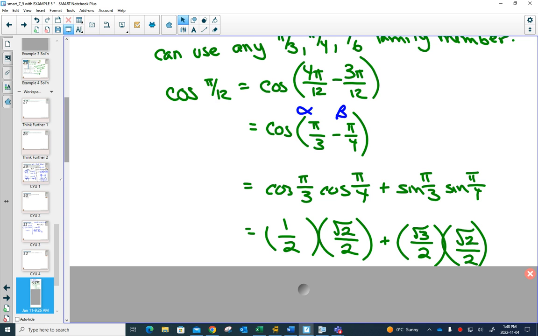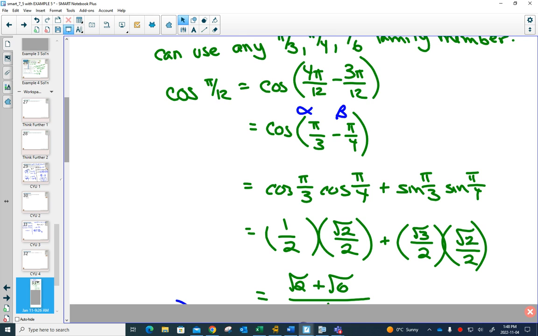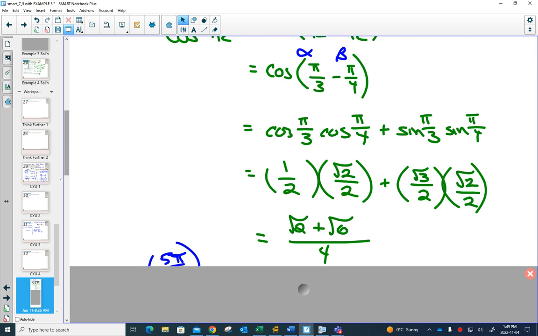And the last thing we need to do is get a common denominator and simplify this. Can you see that the common denominator would be 4? And you get root 2 plus root 6 all over 4.